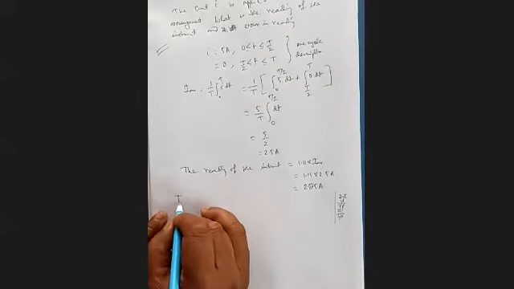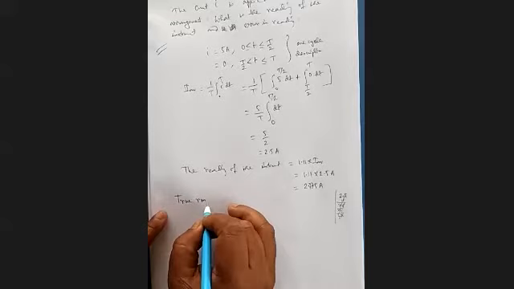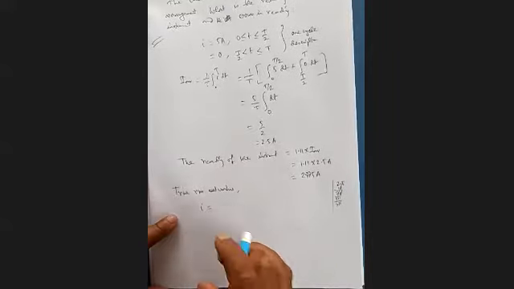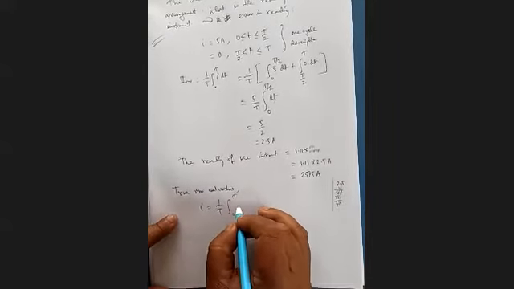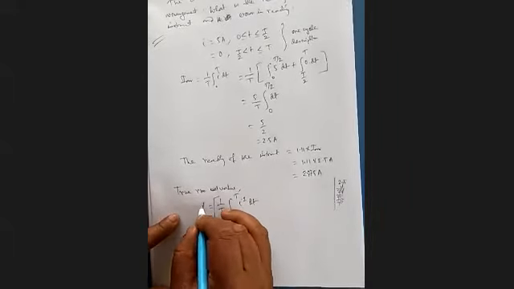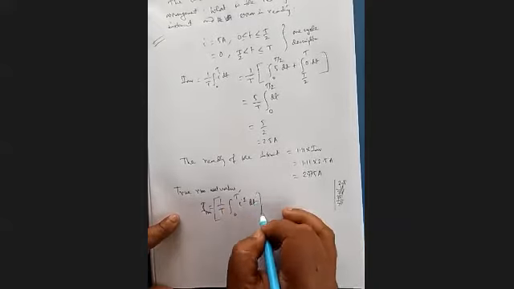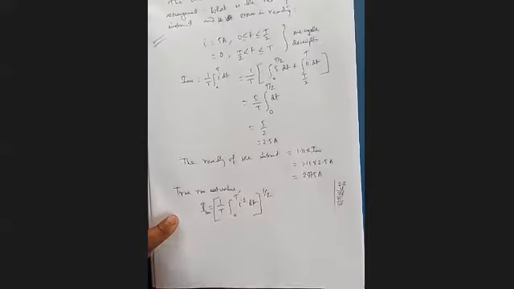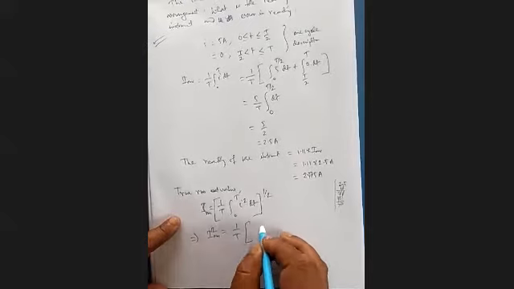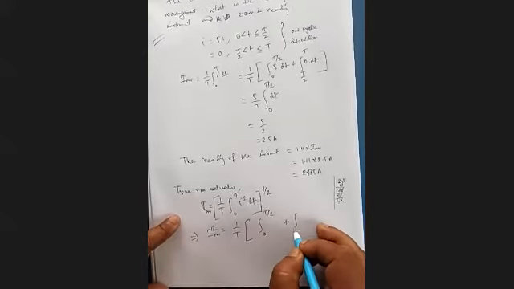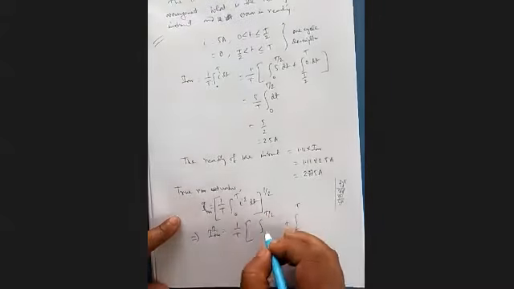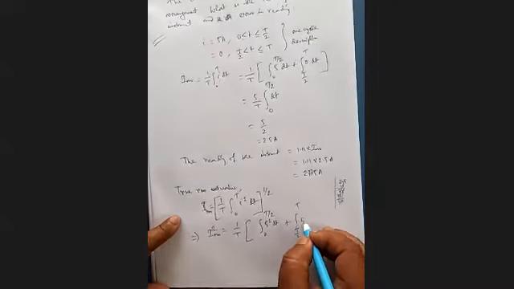But what is the true RMS value? True RMS value I RMS is the square root of 1 by T integration 0 to T of I square dt. I am first finding I RMS square to make it easy. Between 0 to T by 2, its value is 5 square, and between T by 2 and T, its value is 0.